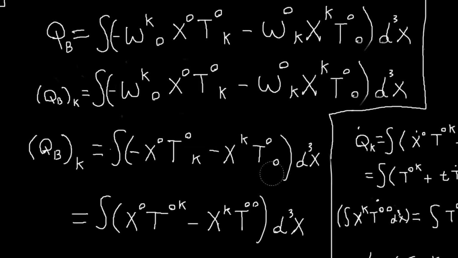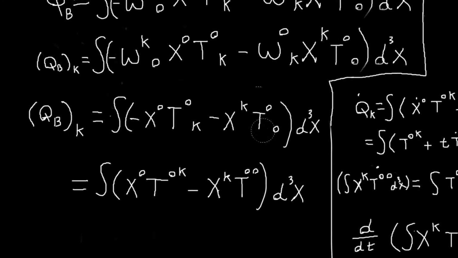And then raising this 0 up, I won't get a minus sign because it's the time component. So I get this expression, just what he has, only he uses i instead of k, but whatever. The charge corresponding to a boost in the k direction is given by this.